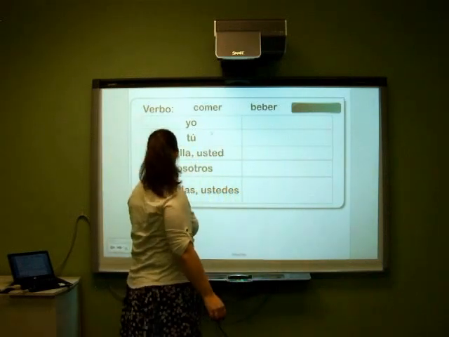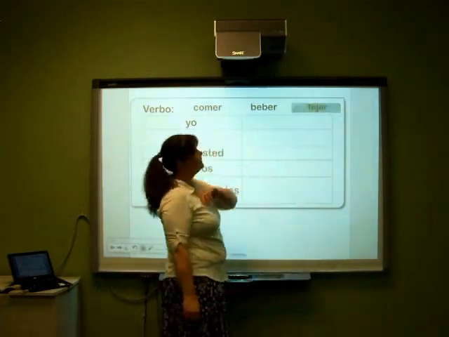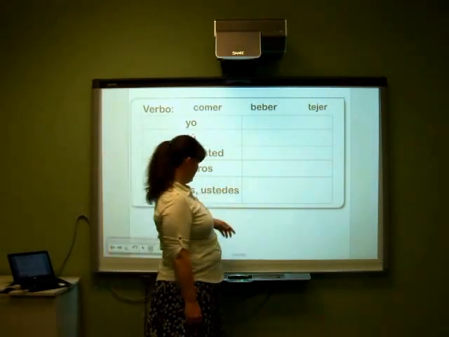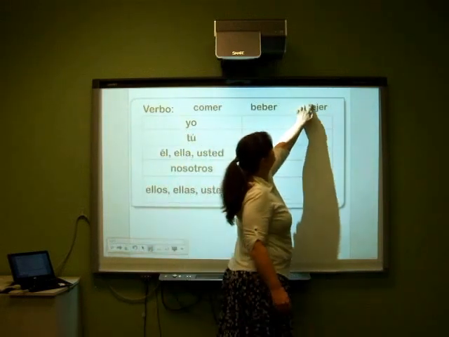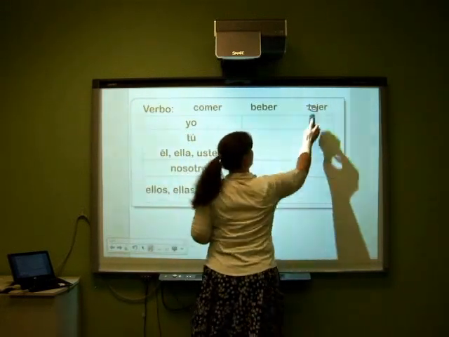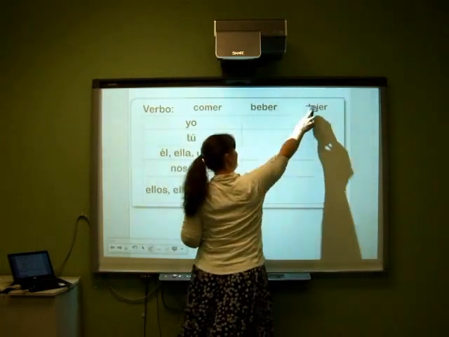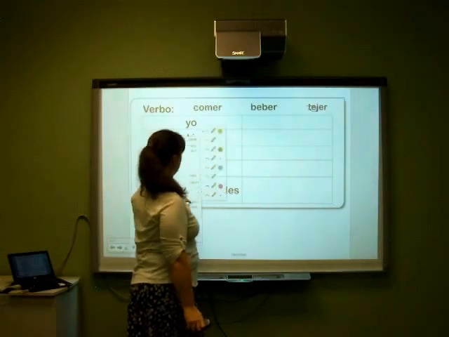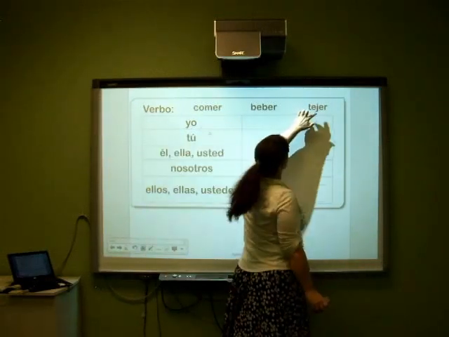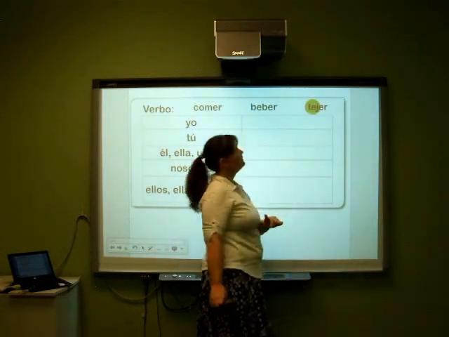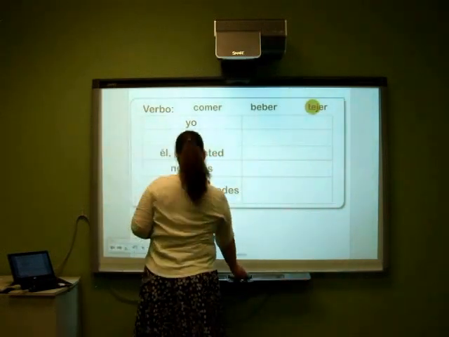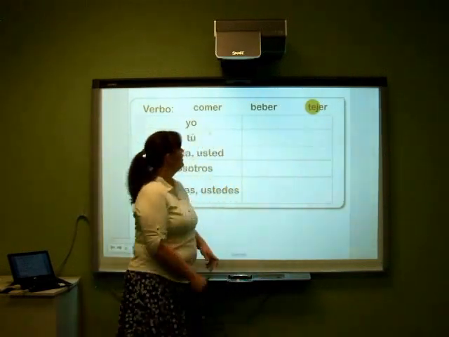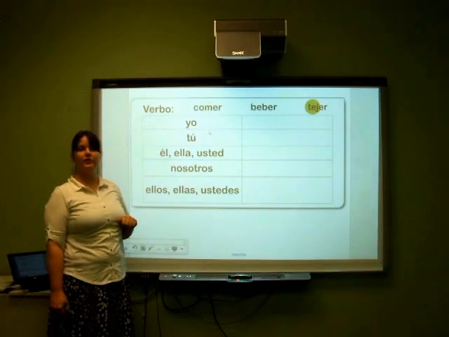Let's try tejer. For tejer, we have the stem of, oh, excuse me. It's not wanting to erase, that's okay. We'll just keep going. Te is the stem of tejer. Very good. So what shall we say is the yo form of the verb?